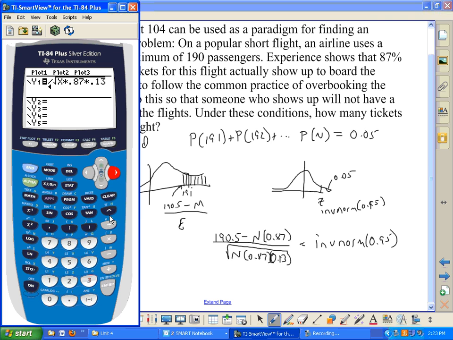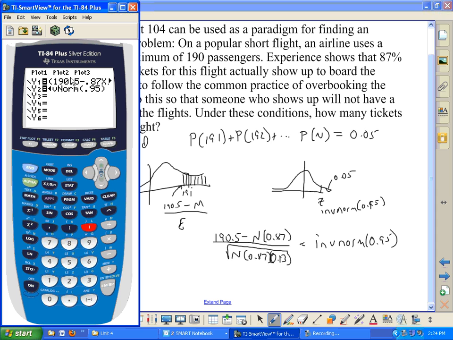That is my y1. Into y2, I could either enter 1.645, or more exactly, I could enter inverse norm right there. I can do second vars, which is the distribution menu. Inverse norm is number 3, and I put 0.95 in there. Remember, 0.95 represents the area to the left of z, and that is that y value.